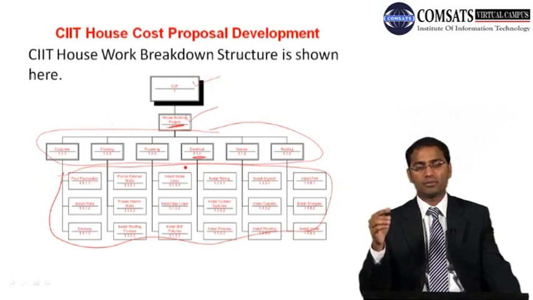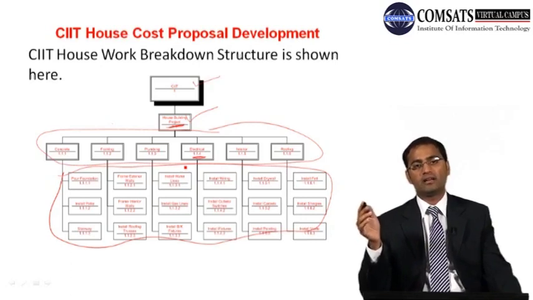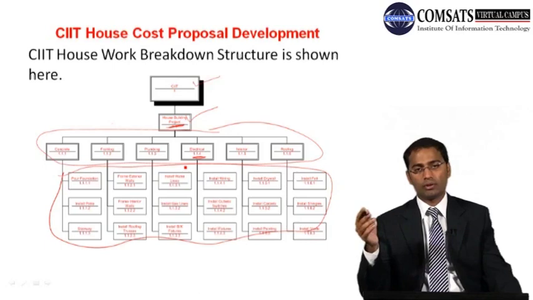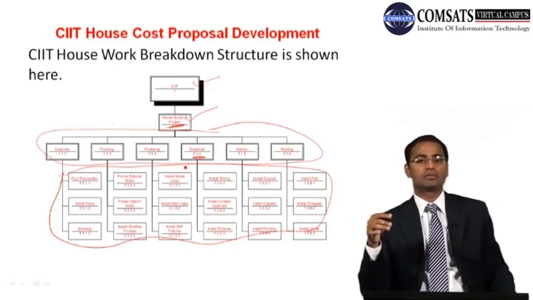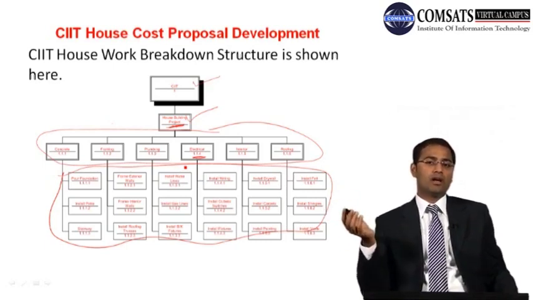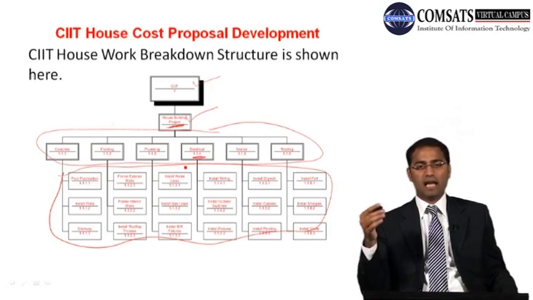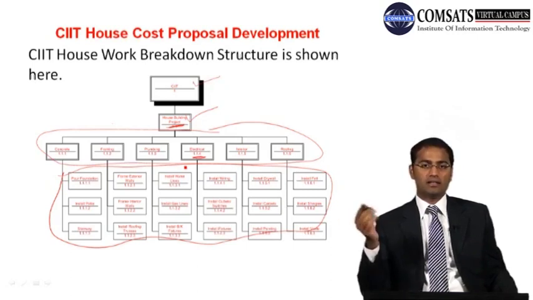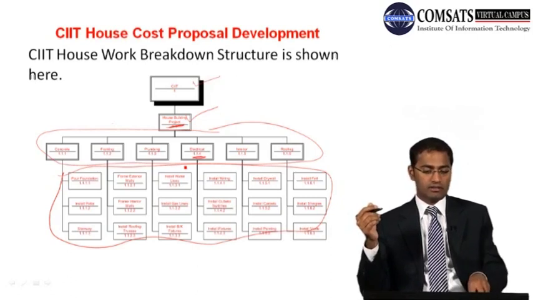Large or complex projects are divided into phases so as to manage them, and then phases are divided into manageable work elements. Those may or may not be called control accounts, but most of the time we call them control accounts after the phases. And then the control accounts are divided into work packages and/or planning packages, and the work packages are then divided into activities.